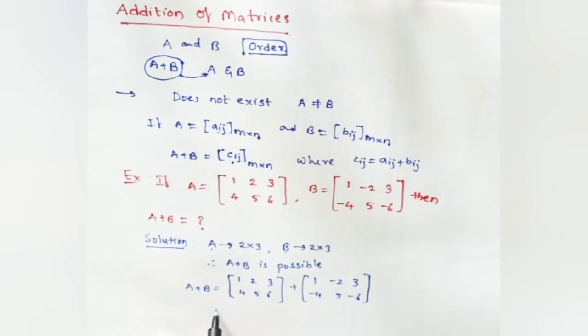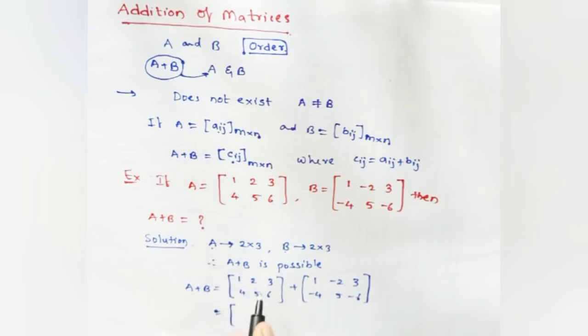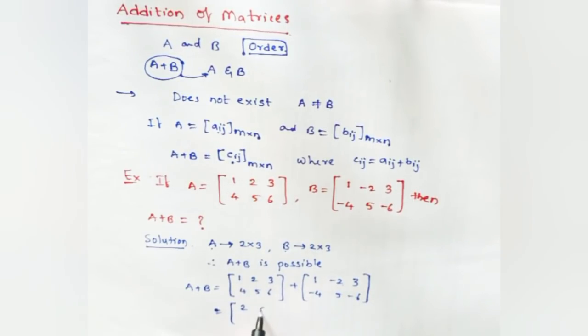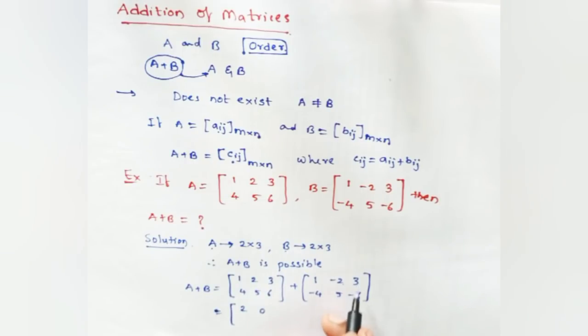Here the resultant is obtained by adding the corresponding elements of both A and B. Here 1 plus 1 is 2, 2 minus 2 is 0, 3 plus 3 is 6, 4 minus 4 is 0, 5 plus 5 is 10, 6 minus 6 is 0.